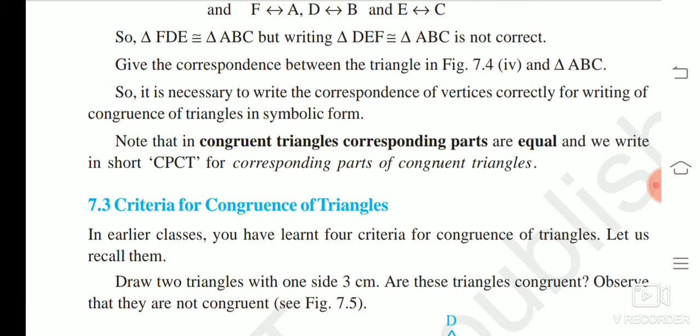So the remaining angle A with angle P, angle B with angle Q, and angle C with angle R are also equal. So that's why these two triangles are congruent, and the corresponding parts of congruent triangles are also equal.